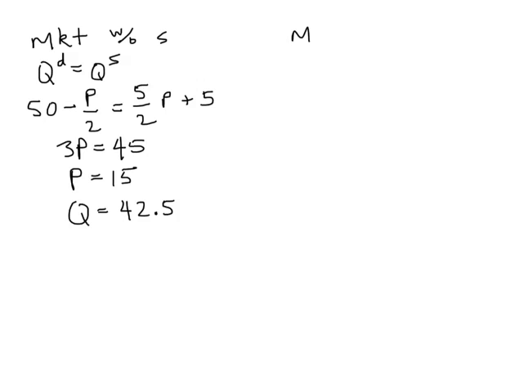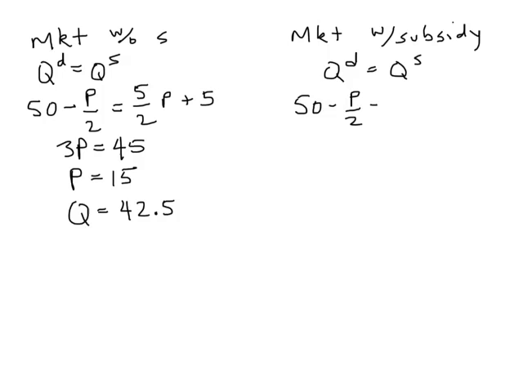But let's do the market with a subsidy. And here we still are going to be in a world where quantity demanded and quantity supplied is our equilibrium condition, and demand looks exactly like it did before: 50 minus P over 2.